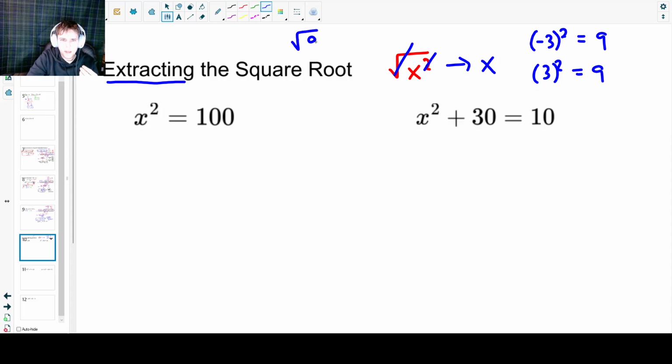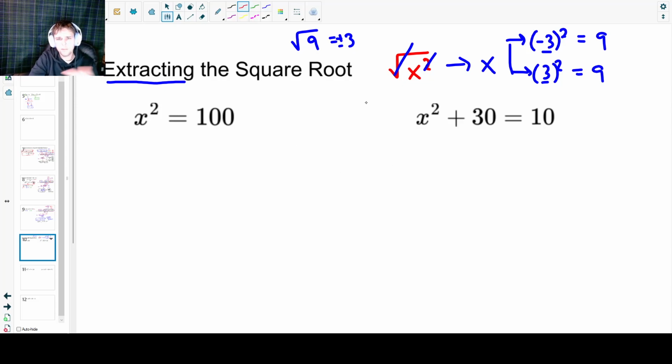So the square root of 9 is 3, right? We only get positive 3. But that doesn't account for this idea that squaring has two different ways to get to 9. And so when we use it to solve, we have to consider that there's actually a positive number and a negative number that works for this. So this could also be positive or negative 3.